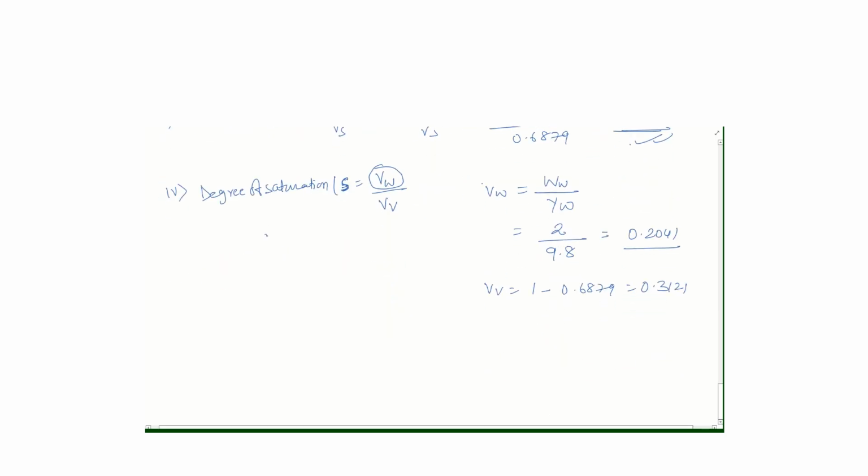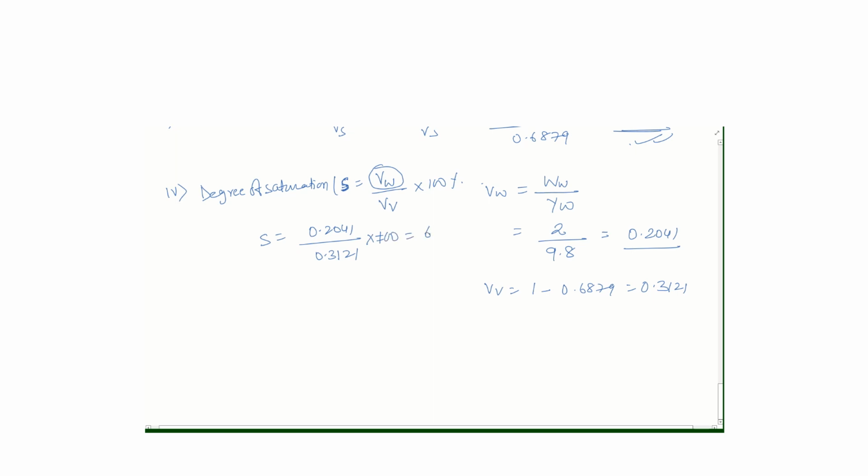So we can use saturation, and it is expressed in percentage, so we have to multiply it by 100. So S is going to be 0.2041 divided by 0.3121, multiplied by 100.